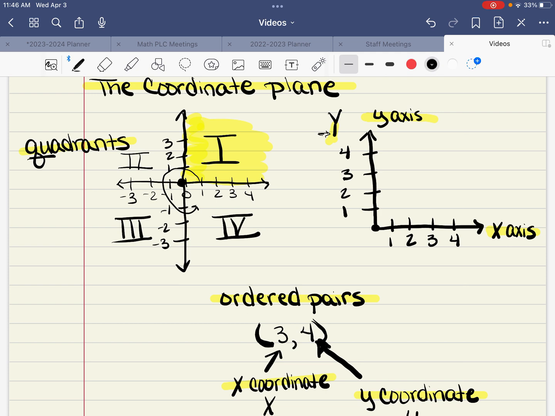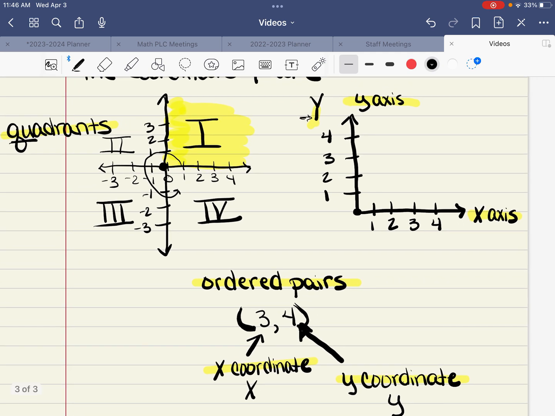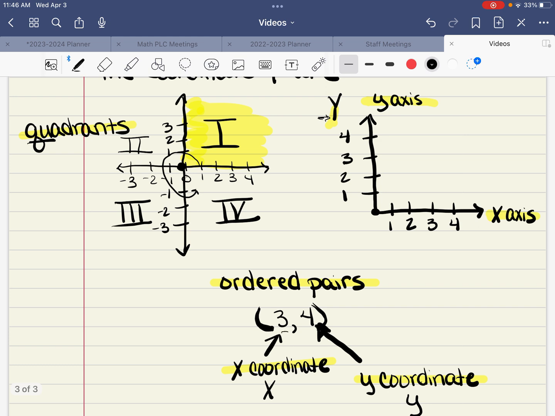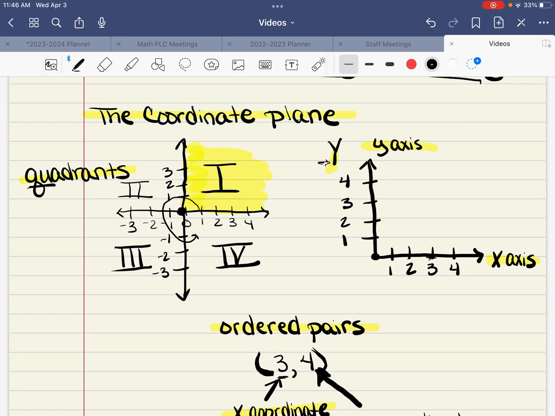So with this being on the bottom, our x-axis, we can look at our ordered pair and we can see that our x number right here is the number 3. So we just count over until we get to the third line right there. Now don't put a dot or anything there. I'm just trying to make it a little bit darker so you can see where I'm at. The y coordinate is the number 4 in this particular ordered pair.